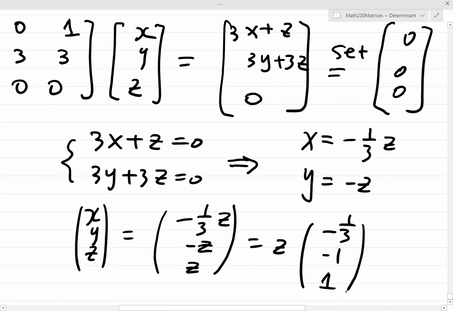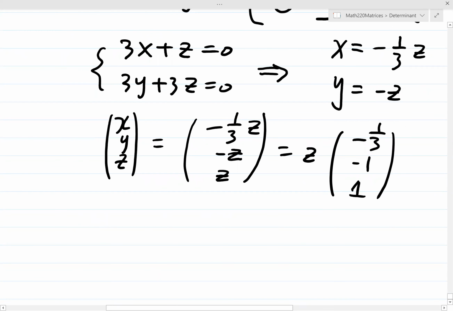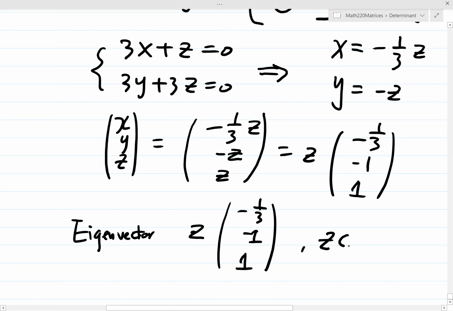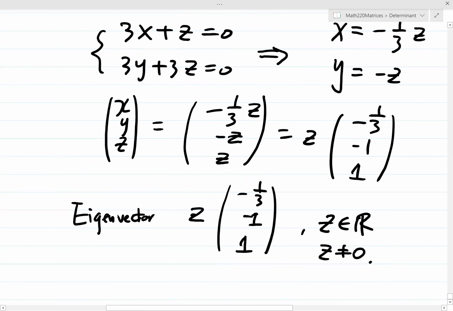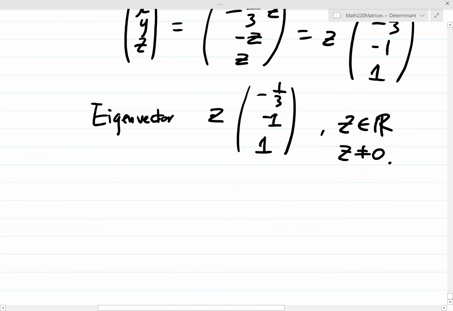Or you can multiply by 3 to clear the denominator. So the eigenvector will be z multiple of -1/3, -1, and 1, where z is real and of course a non-zero scalar. So you find all possible eigenvalues and eigenvectors for this 3x3 matrix.